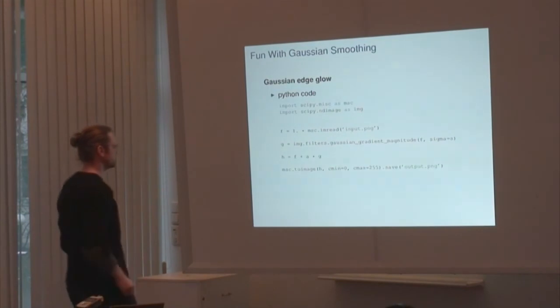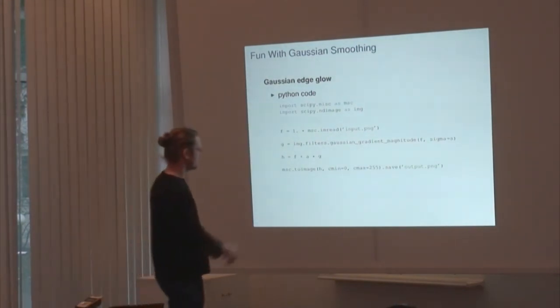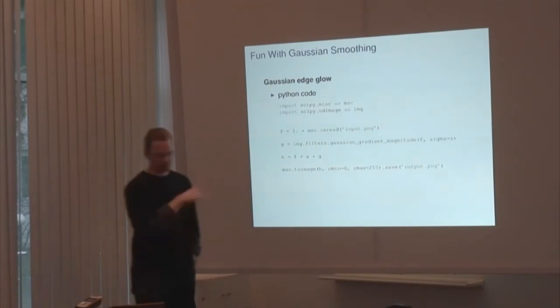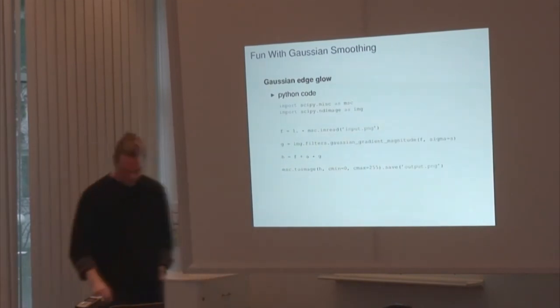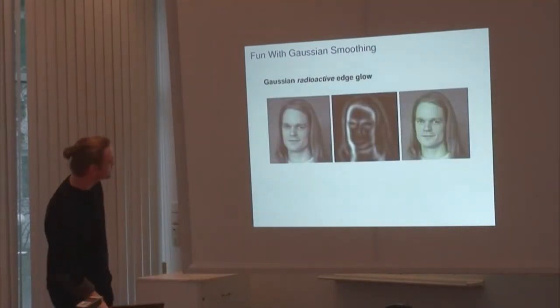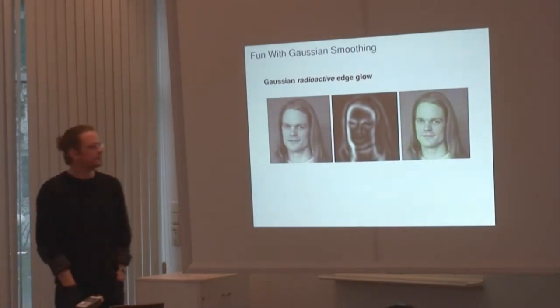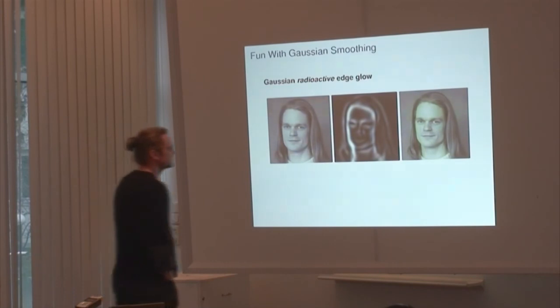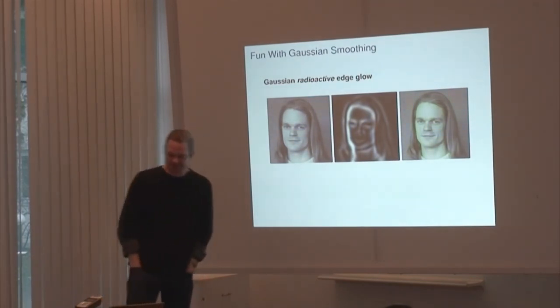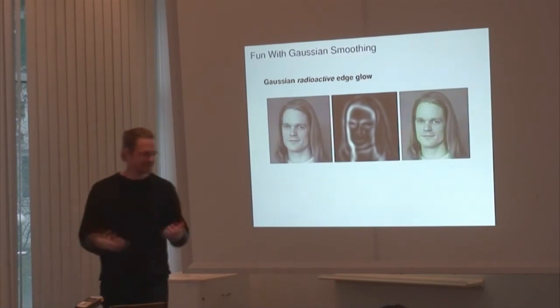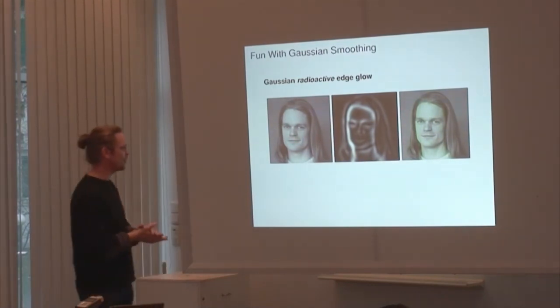Here is what I did. No big deal. Everything that has changed is this line. The rest is actually the same. But I thought I could make it more interesting. Let's say I was a superhero and radioactively glowing.